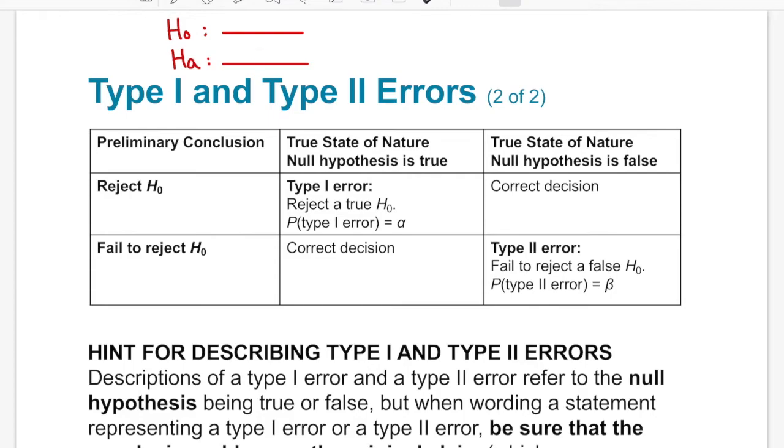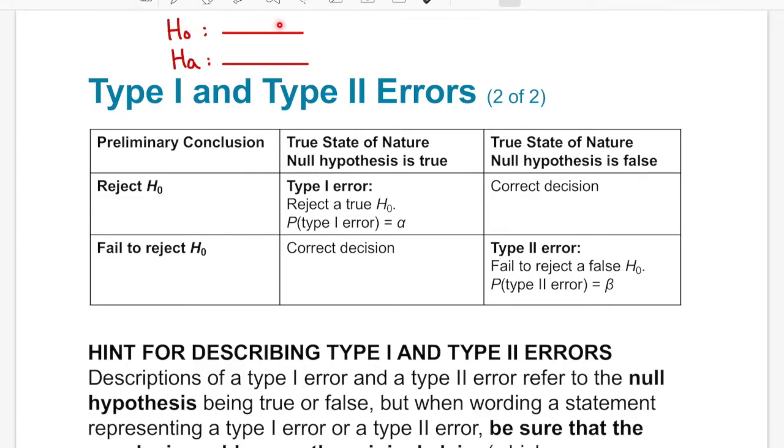So if HA is correct, you make the correct decision. If H0 is correct and you reject H0, you make the type 1 error. So for type 1 error, you reject H0, but it turned out H0 is true. If HA is true, then you make the correct decision.